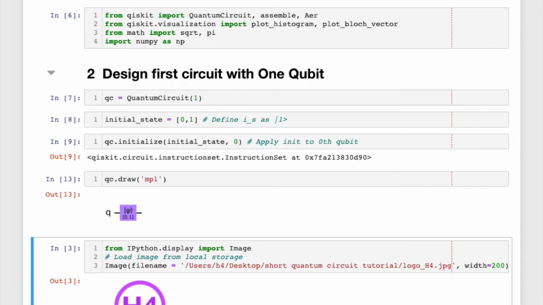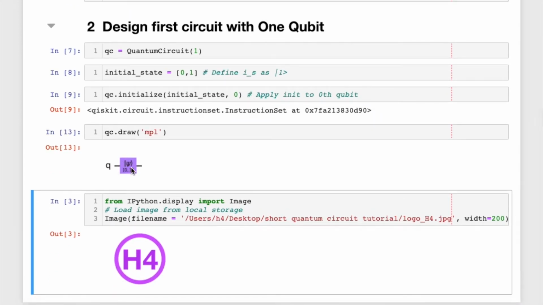What you see here is a standard notation. We have our first qubit, called psi, and it has an initialization 0, 1 on the first qubit.